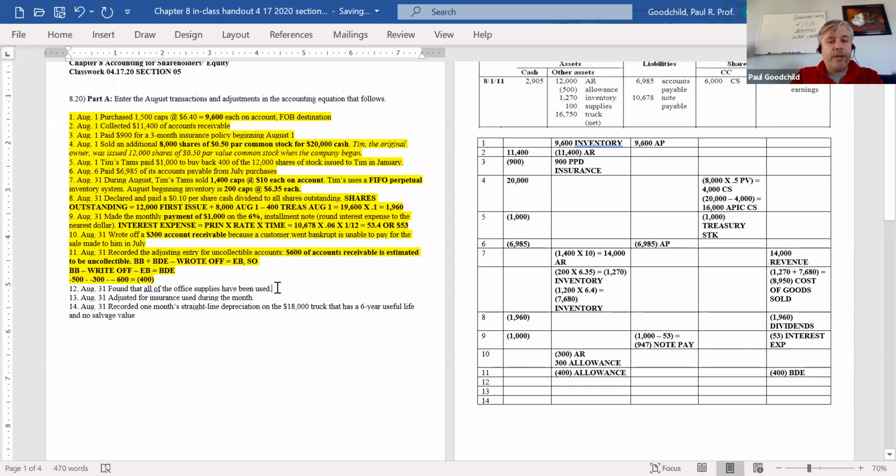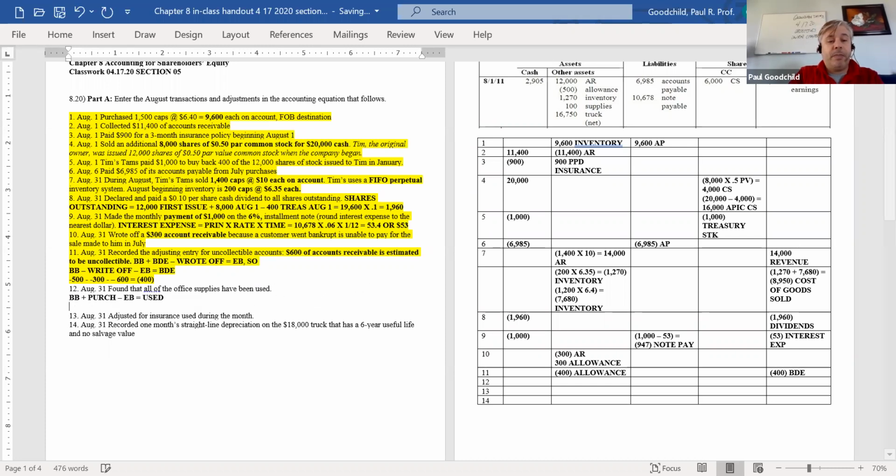Found that all of the office supplies have been used. And so typically we take our beginning balance plus our purchases minus our ending balance, and that would give us what's been used. Our beginning balance in office supplies was 100.